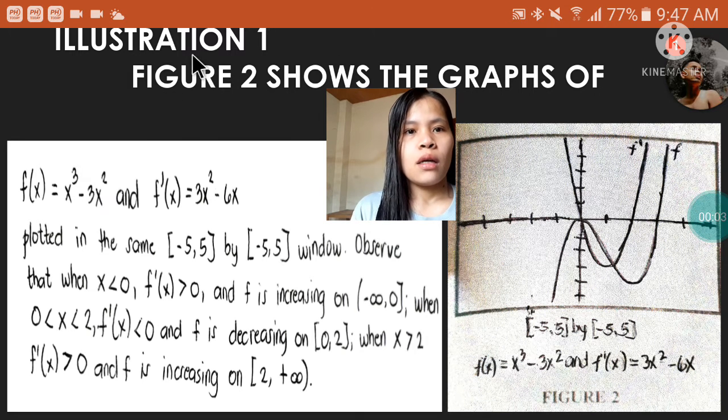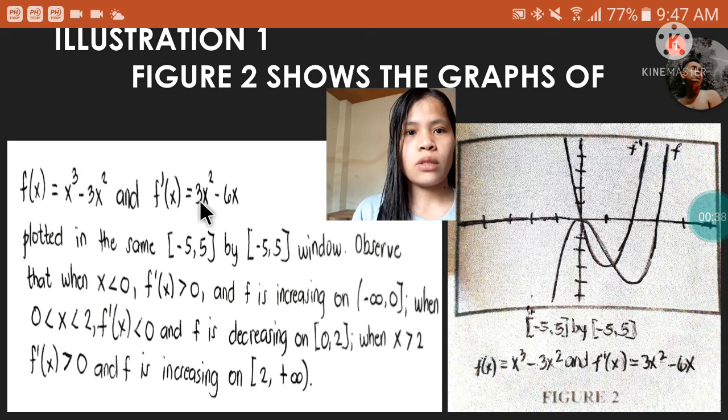Illustration 1, figure 2 shows the graphs of f of x equals x cubed minus 3x squared and f prime of x equals 3x squared minus 6x. This is the result because we took the first derivative. 3 times x cubed gives 3x squared, and then 3 minus 1 equals 2.